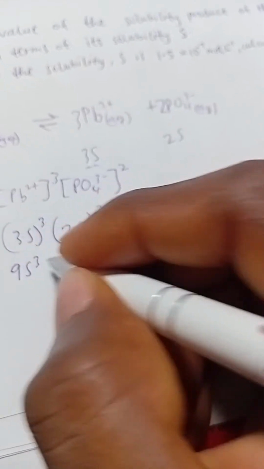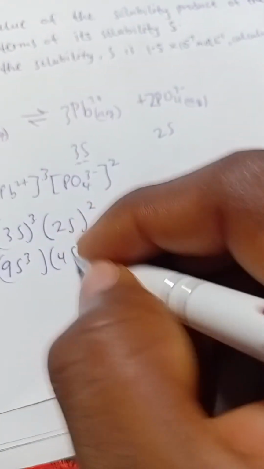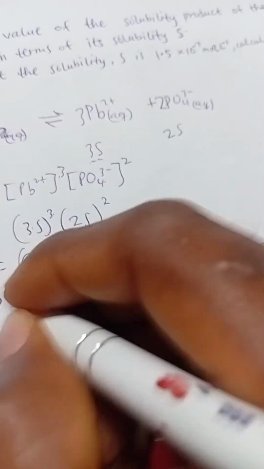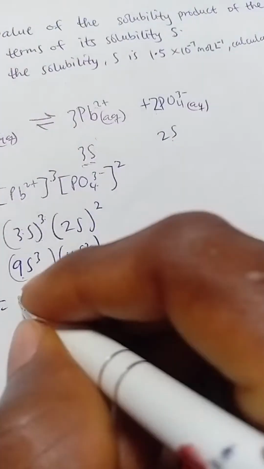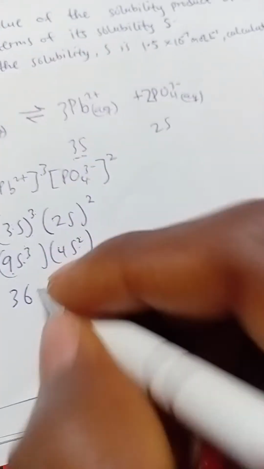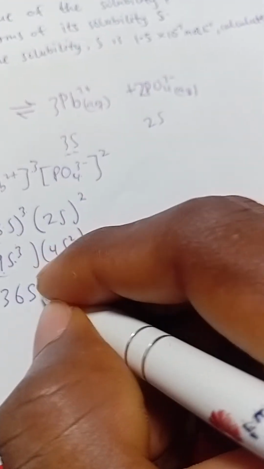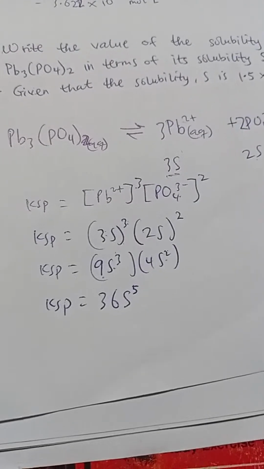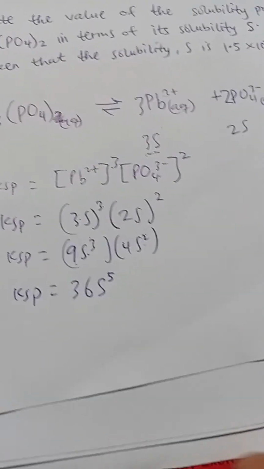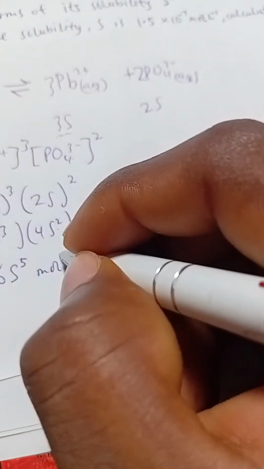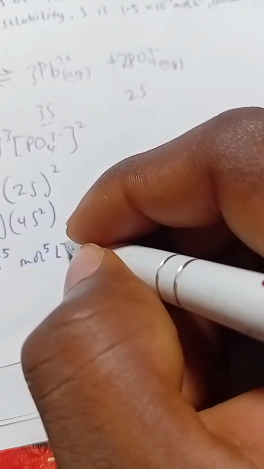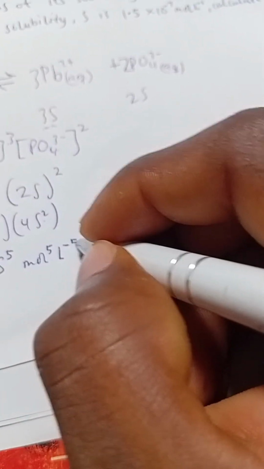So this becomes 27S cubed multiplying 4S squared. So our KSP becomes 27 by 4, that's going to give us 108. Then for the S terms we are going to add the exponents. So this is the expression for the KSP, and we can proceed to add the units. We know this is going to be mole to the power 5, then per liter to the power minus 5.